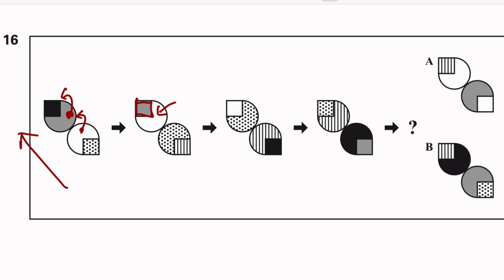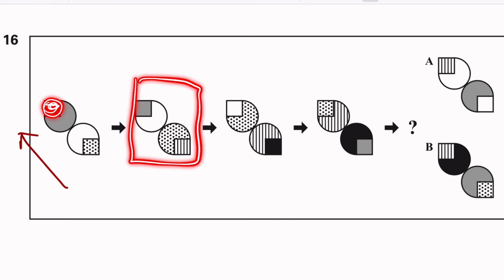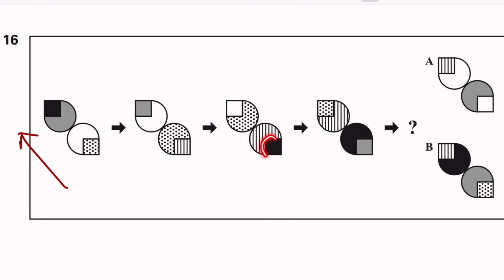But the second thing you should also notice is that when the color gets up to here, the black bit over here, which is the very top square, is removed entirely from the pattern in the next part of the sequence. So whenever color is over here, in the next part of the sequence, it's removed. But then it comes back at the bottom in the following part of the sequence, okay?